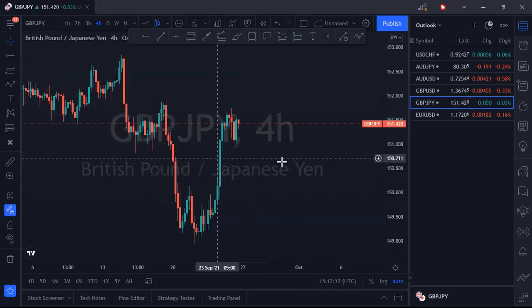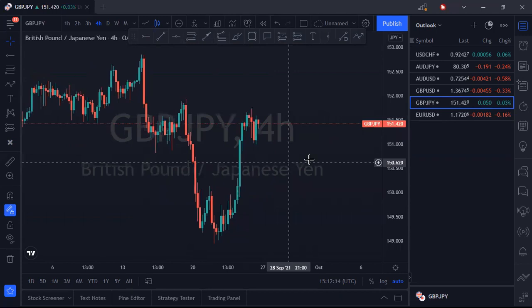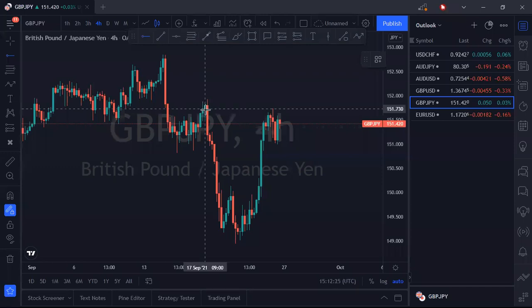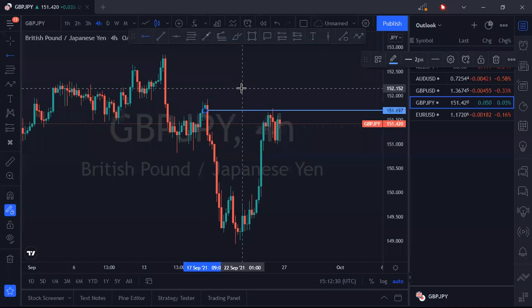So as you can see on GJ, I saw this last week. That was Friday, this area. I really anticipated that price would bounce off this area, but because it was a Friday, I didn't want to post any signal on the page, because the Friday market is closing.